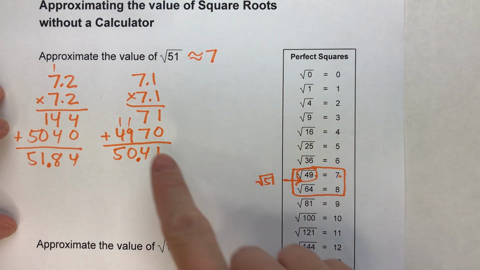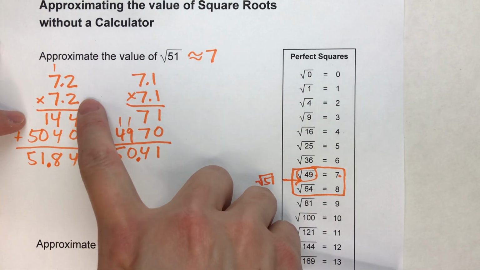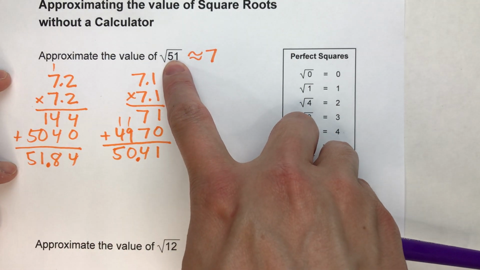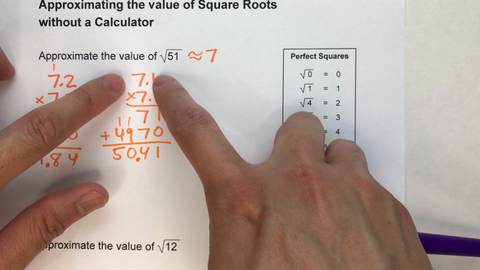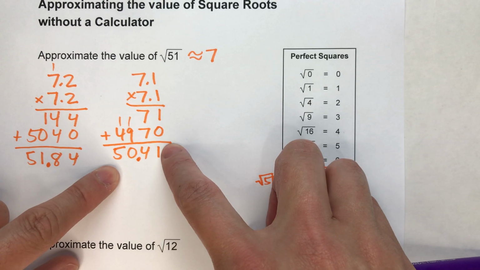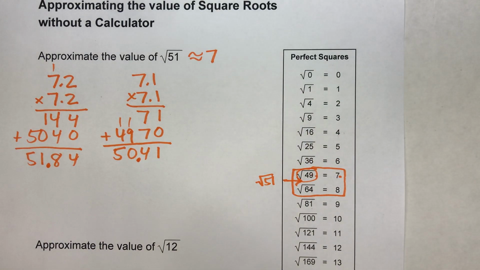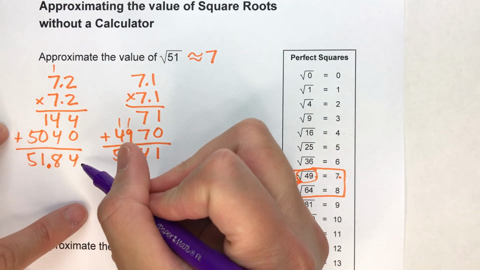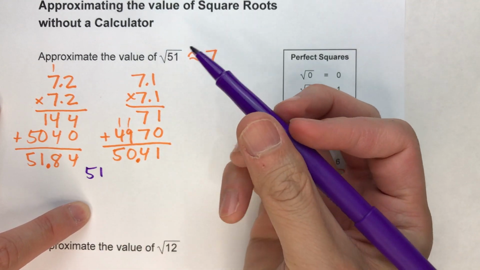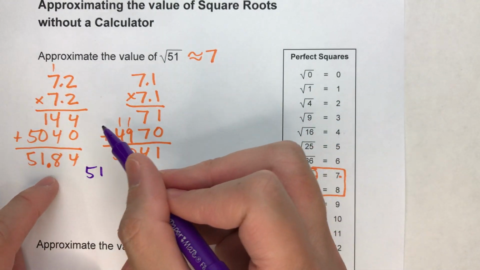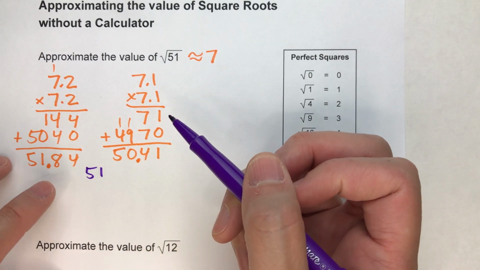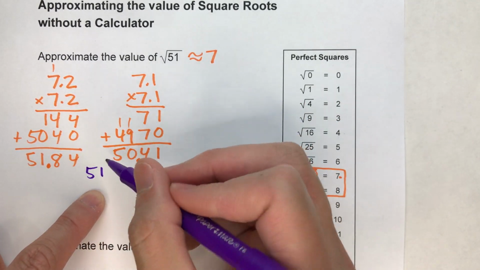Okay, so here's the good news. I'm pretty close, right? 7.2 times 7.2 gets me a little bit bigger than 51. 7.1 times 7.1 gets me a little bit smaller than 51. So the square root of 51 has to be between these two. All right. Now, which is the better approximation, 7.1 or 7.2? Well, which one's closer to 51?